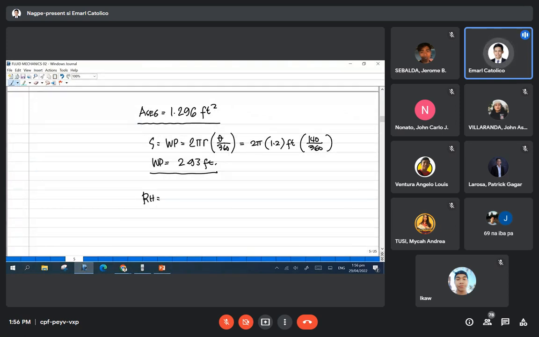So RH is equals to area ng segment over wetted perimeter. So 1.296 feet squared divided by 2.93 feet. So unit-wise, unit mo dito ay in terms of feet.